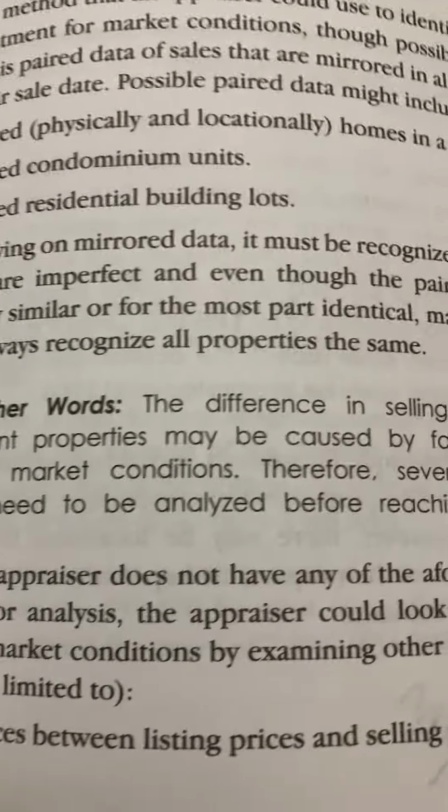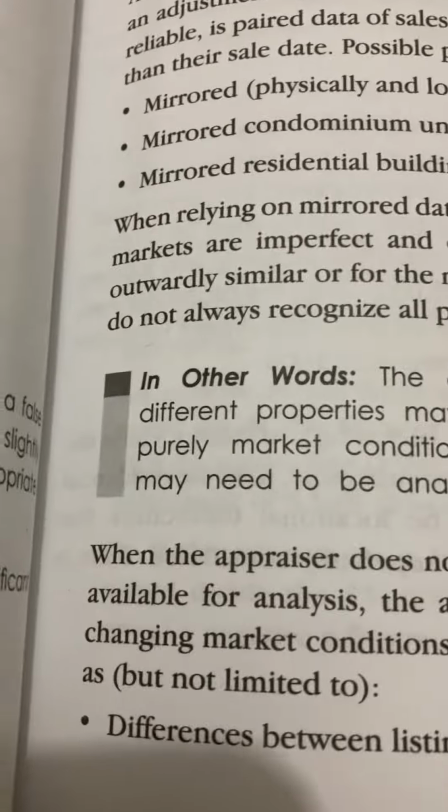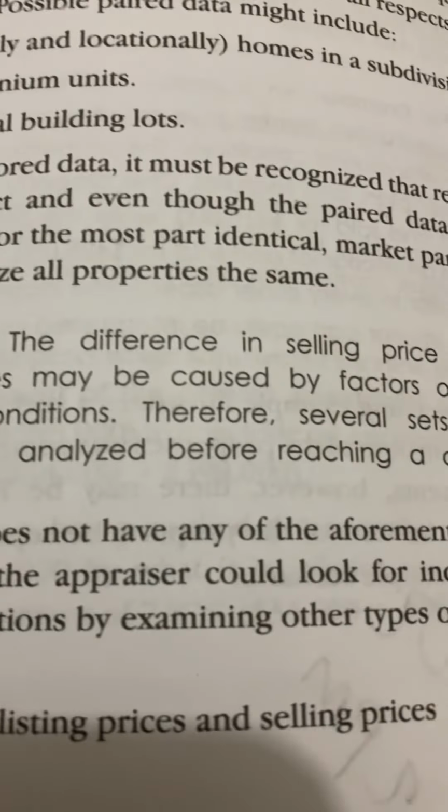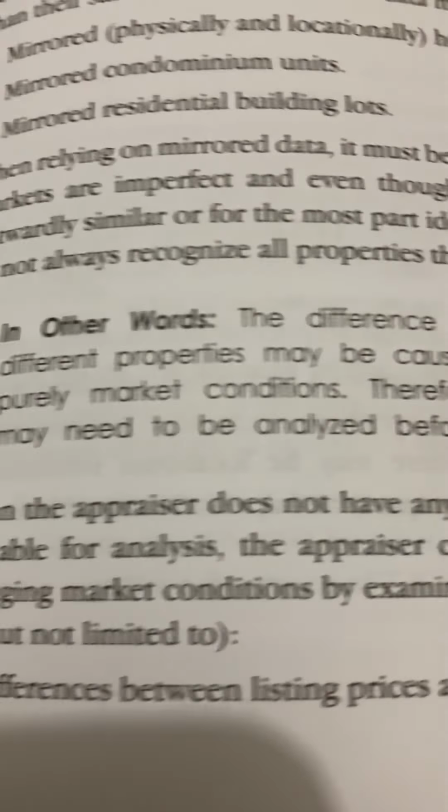In other words, the difference in selling price between different properties may be caused by factors other than purely market conditions. Therefore, several sets of data may need to be analyzed before reaching a conclusion.